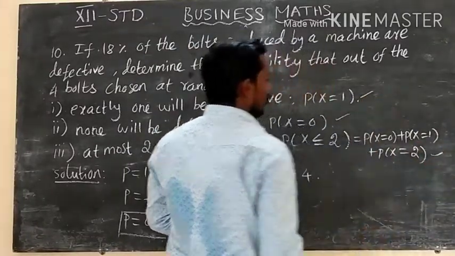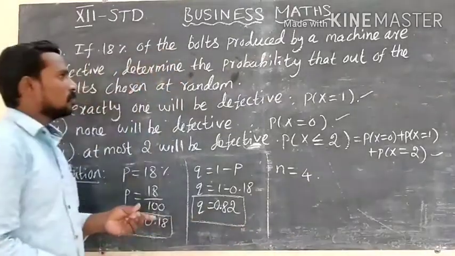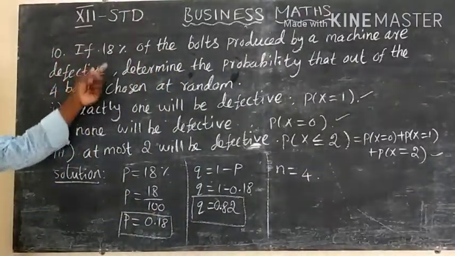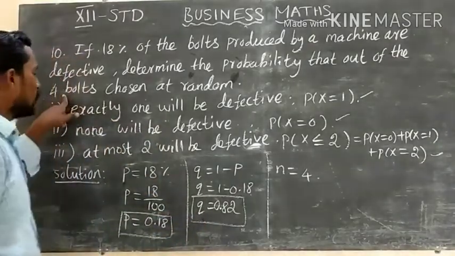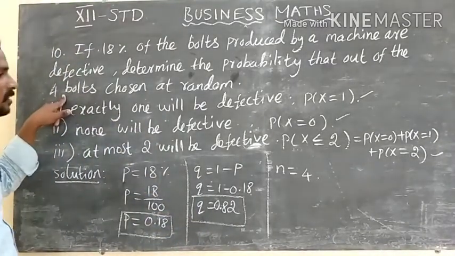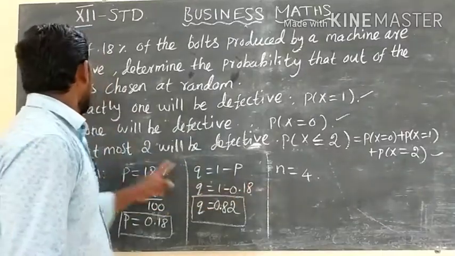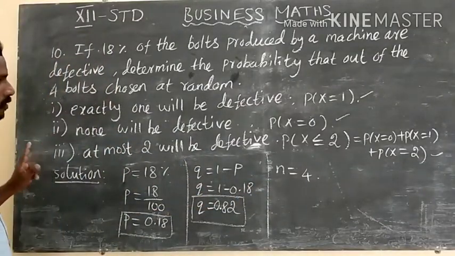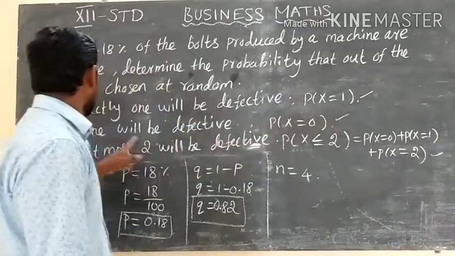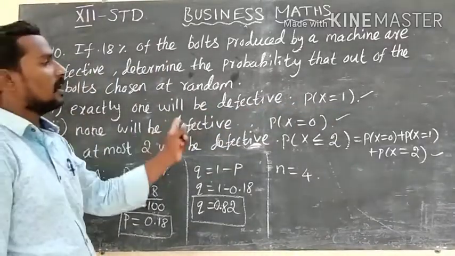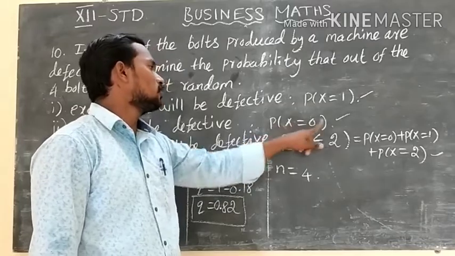These 3 are your homework. Have you understood? From the question, first take and write the P value, then find Q, then find out the n value. So the number selected is 4. Then solve the questions one by one. The first question, exactly 1, means P of x is equal to 1. Second, none will be defective, none means no one, so x is equal to 0.